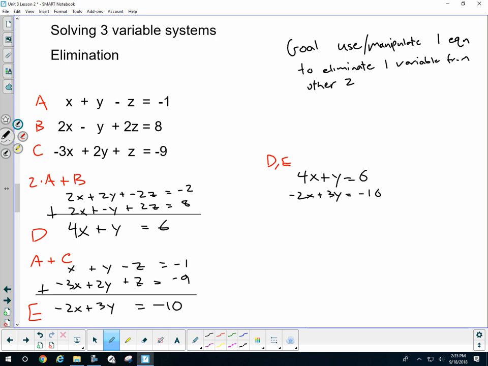It's set up so that the x's and y's are stacked on top of each other. I can manipulate one of these equations to solve for the other variable. To eliminate one of the variables, I can multiply maybe this top equation by -3 or the bottom equation by 2. If I multiply the top equation by -3, I'll have negative y's that I can add together.